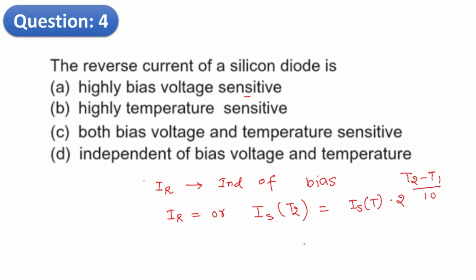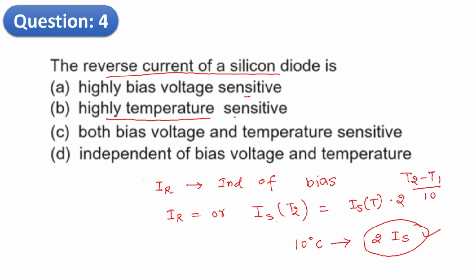Okay, so यदि आप 10 डिग्री सेल्सियस टेम्परेचर में इंक्रीमेंट होता है तो आपका जो रिवर्स करंट होगा वो डबल हो जाएगा, 2 into Is. This is a very important point. So that's why this reverse current of the silicon diode is highly temperature sensitive. Okay, so the option B is the right answer.